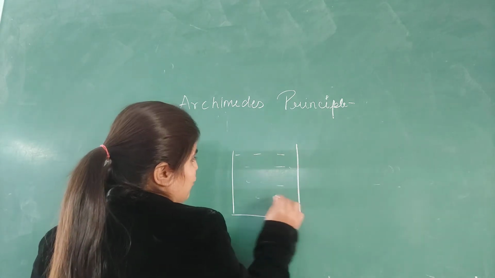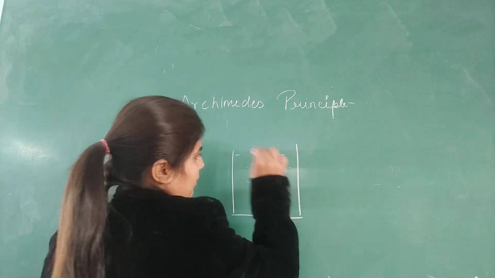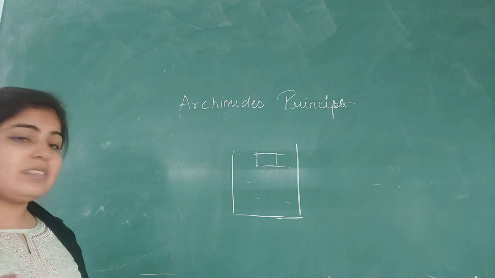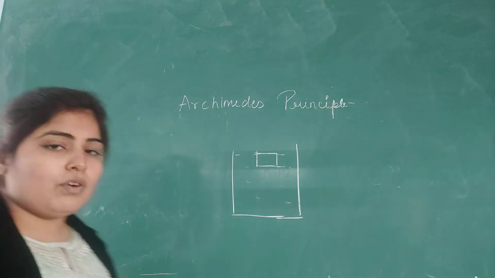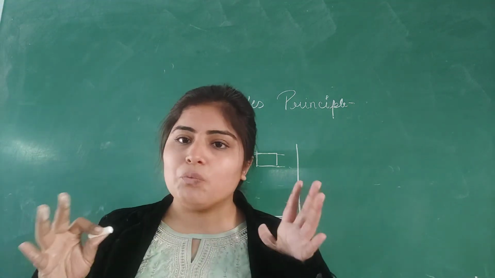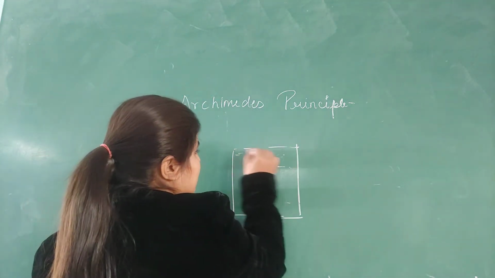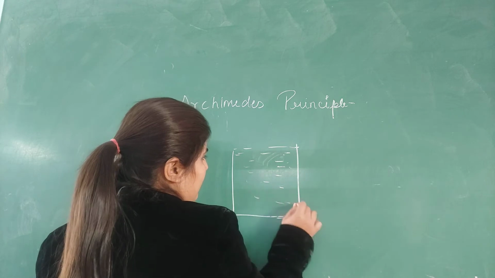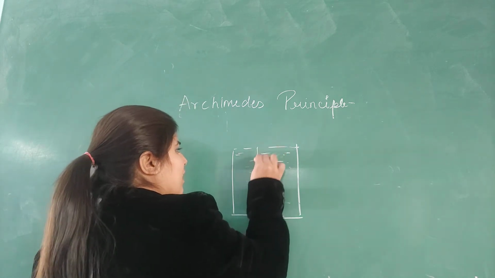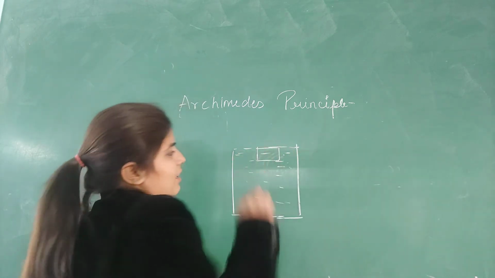Suppose we have immersed an object inside the liquid. Of course, it will displace some amount of water. Suppose initially the vessel was completely filled with water, and now we have immersed an object inside it.